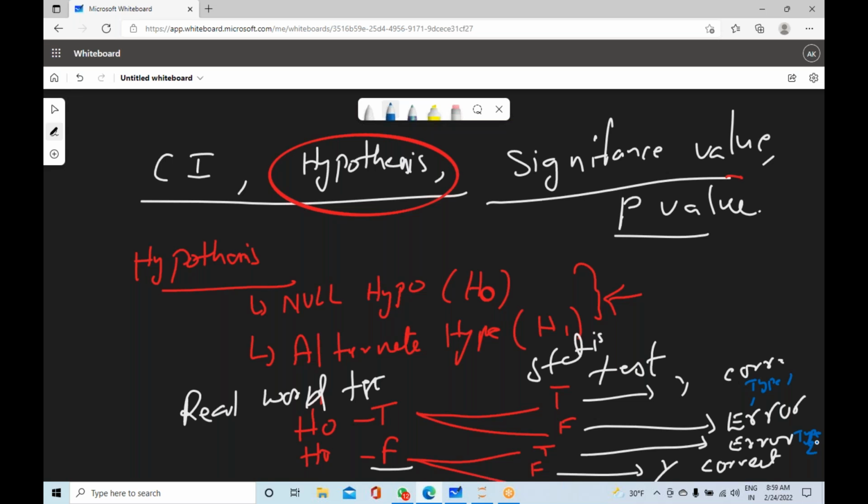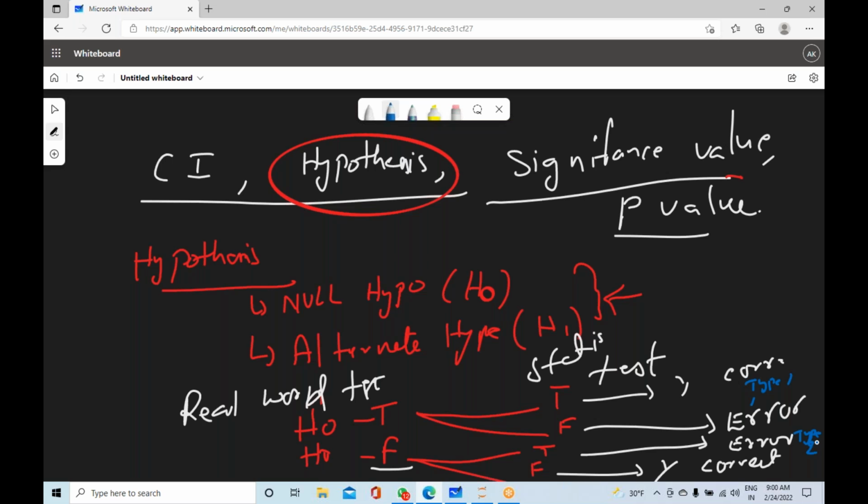Of these, 2 are truths and 2 are failures. The 2 failures have different names: type 1 error and type 2 error. We will discuss the same things in the confusion matrix as well. Is it clear?